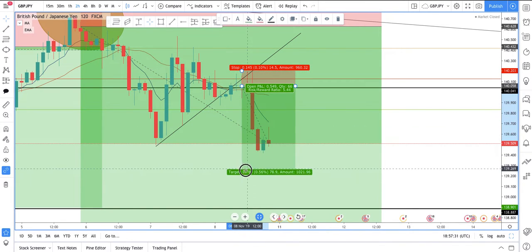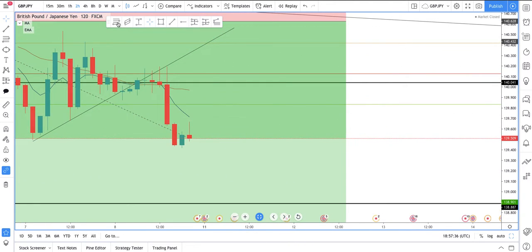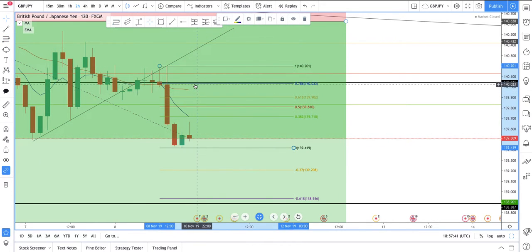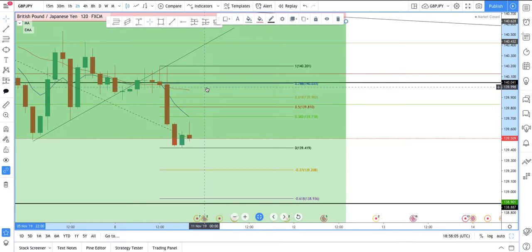I would throw in this fib and wait for a retest around the 140 level, which I actually think will come and retest this area. Probably even close my trades out, as my stop losses have been moved up to 140.00, exactly right here.